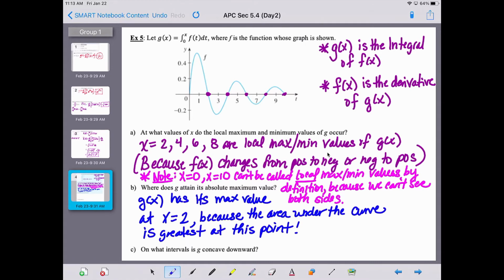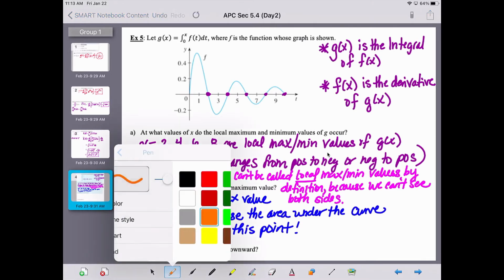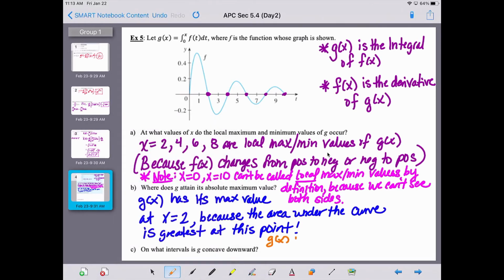Well, g of x, let's write this down, is concave down where f of x is decreasing. Because remember, g of x is the integral of f of x. Okay? All right, so where is this taking place?